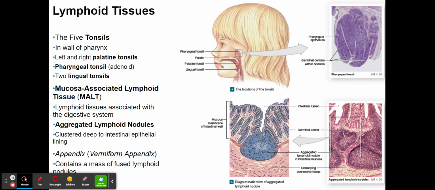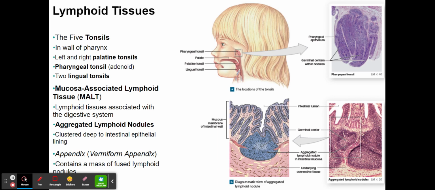A pair of lingual tonsils lies deep to the mucous epithelium covering the base of the tongue. Because of their location, the lingual tonsils are usually not visible unless they become infected and swollen. Tonsillitis is the inflammation of the tonsils, especially in the palatines, although the other tonsils may also be infected. Tonsils reach their largest size by puberty and then begin to atrophy.